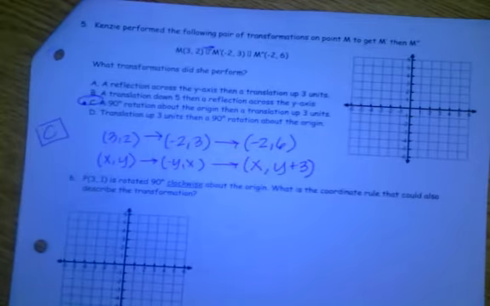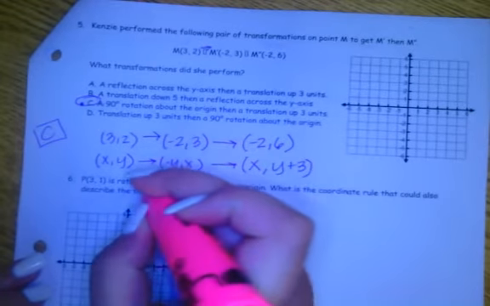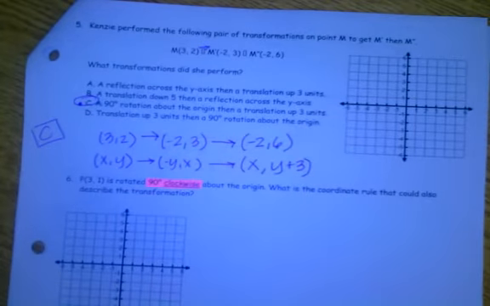Alright, number 6. P is rotated 90 degrees clockwise about the origin. What rule are we going with, Ethan? 90 degrees clockwise.